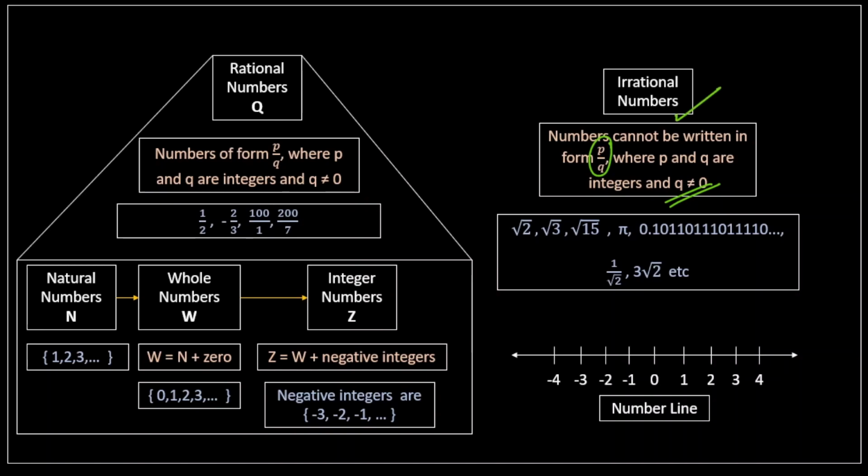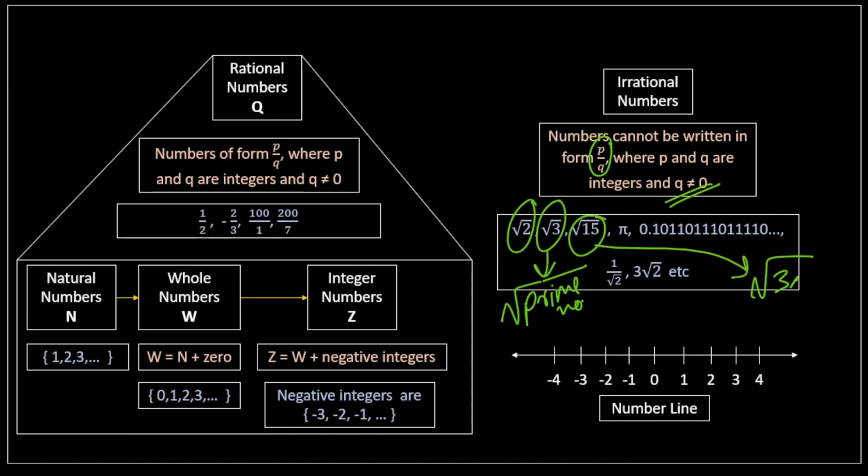Examples of irrational numbers are prime numbers under a root or products of prime numbers inside a root, like root 15. 15 is basically root of 3 into 5.